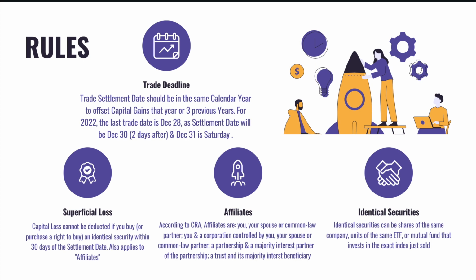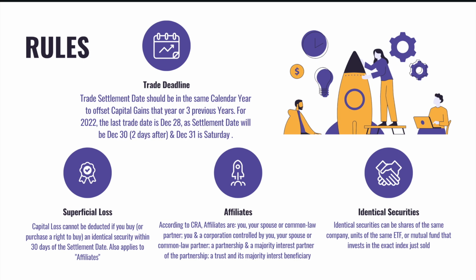There is a rule called superficial loss. That means we cannot apply this strategy if we buy the same stock or identical securities within 30 days of the settlement date. It also applies for affiliates.